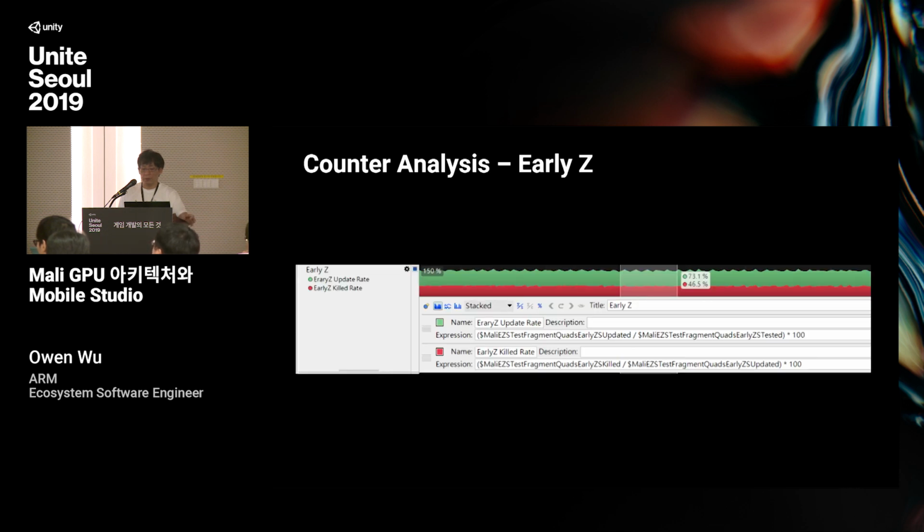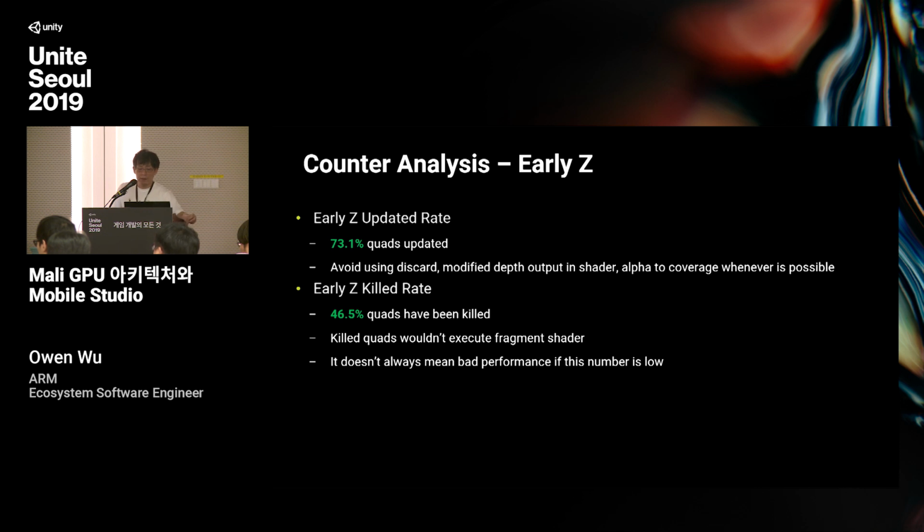So this chart is about early Z. Early Z update shows how many quads which pass the early Z test have updated depth and stencil values.